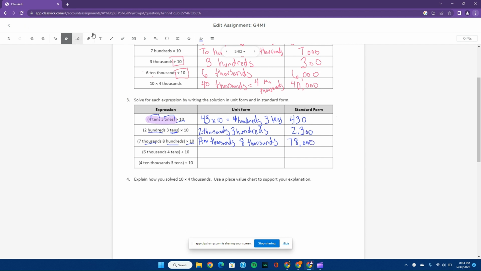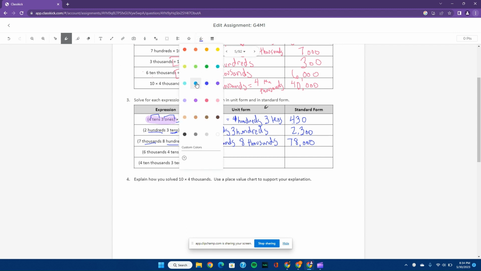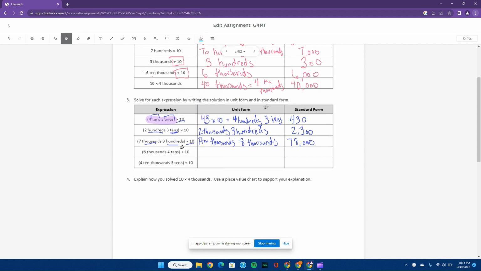Now this time, again, we are going to the next smallest place value because now we're dividing by 10. So 6,000s, 4 10s divided by 10 means I would move to the next smallest place value. So now, instead of going from ones to tens, tens to hundreds, hundreds to thousands, it's in reverse.